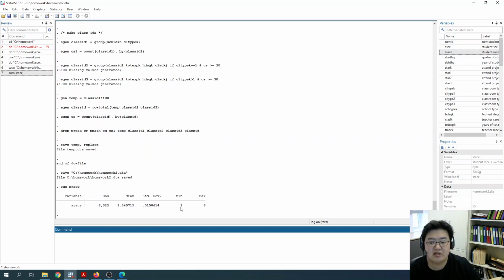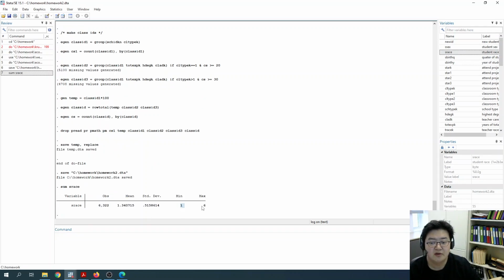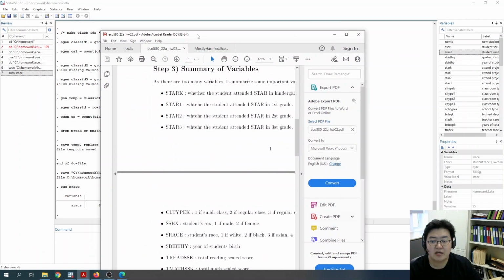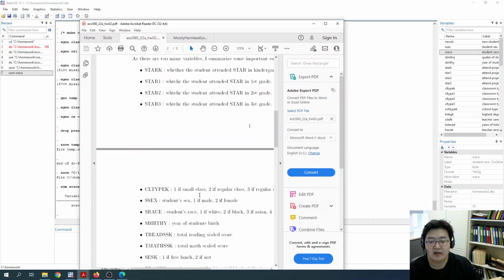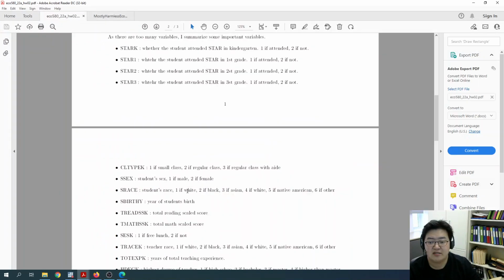There are 6 different values from 1 to 6, so there must be 6 different race classifications, and I explained it here. White, black, Asian. Oh, something is wrong. I think it's a typo. What I meant here must be Hispanic, I guess, and Native American and others.